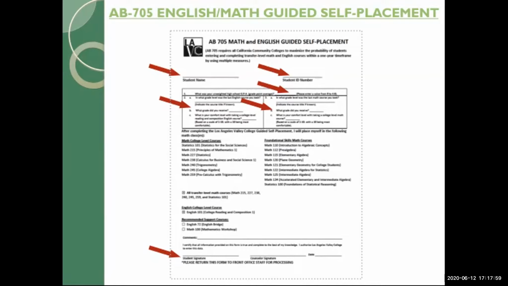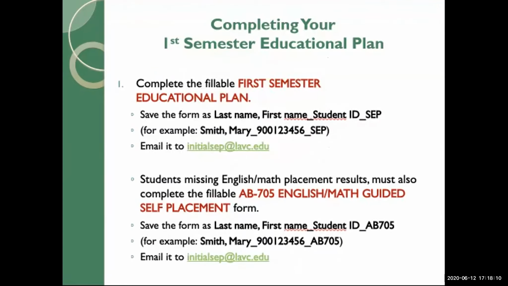Because again, remember that without filling this form out, you will not be able to access the English 101 class or your transfer level math class. If you would like to take a screenshot of this page to remind yourself where to send the information and what format, please do so now.